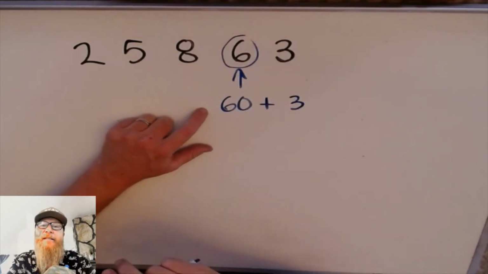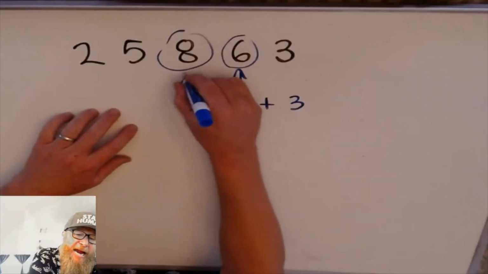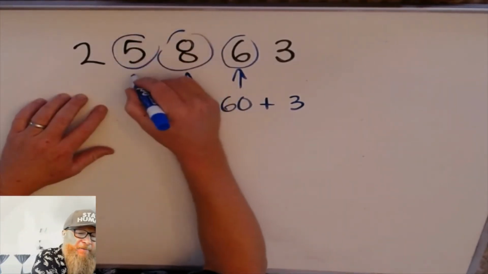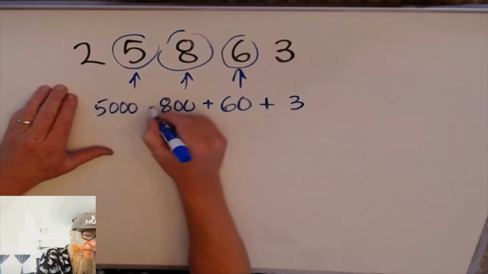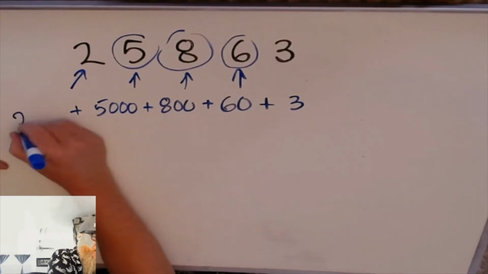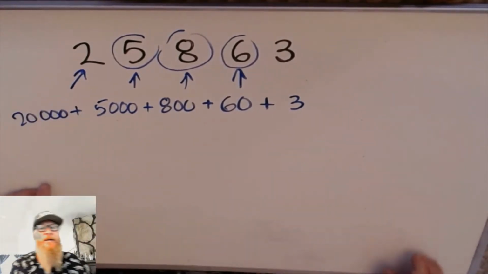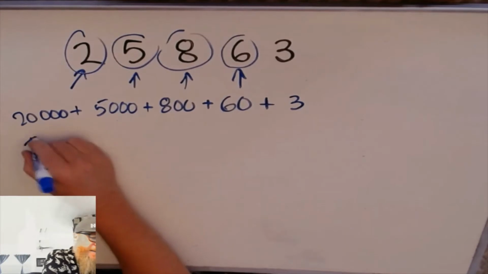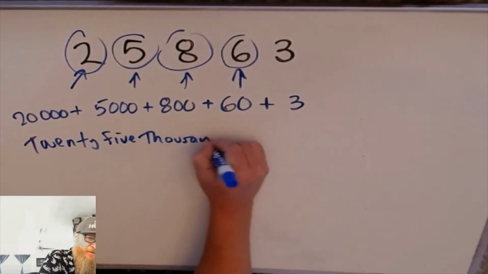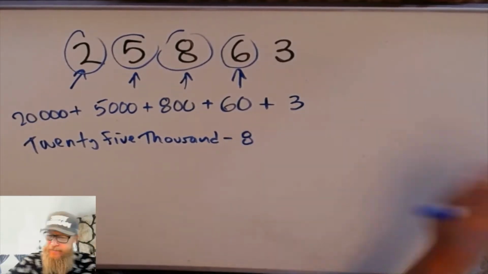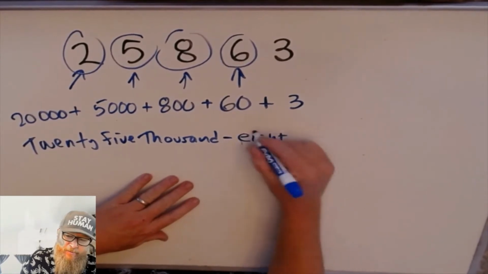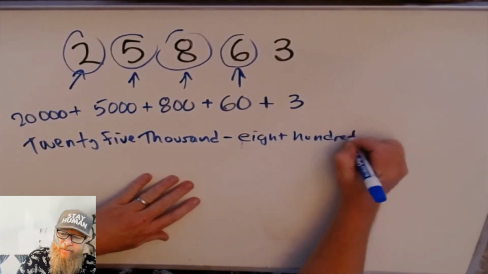It means what it says it is. 8 doesn't really mean 8. 8 means 800. 5 means 5,000. And 2 means 20,000. So this number is 25,863.